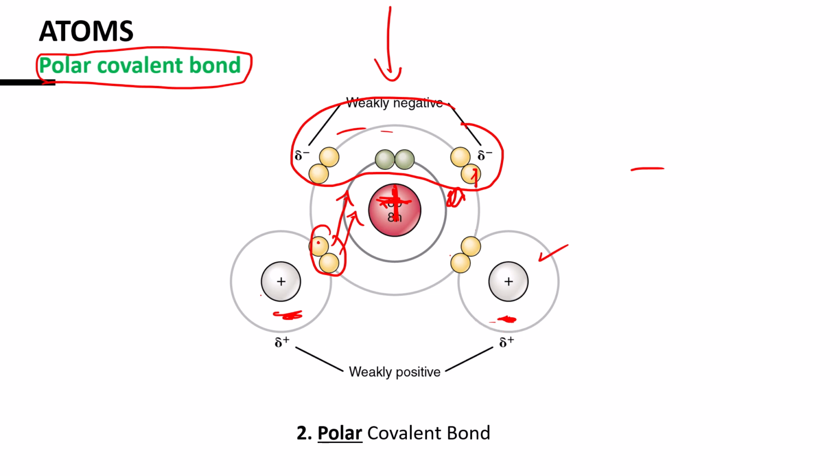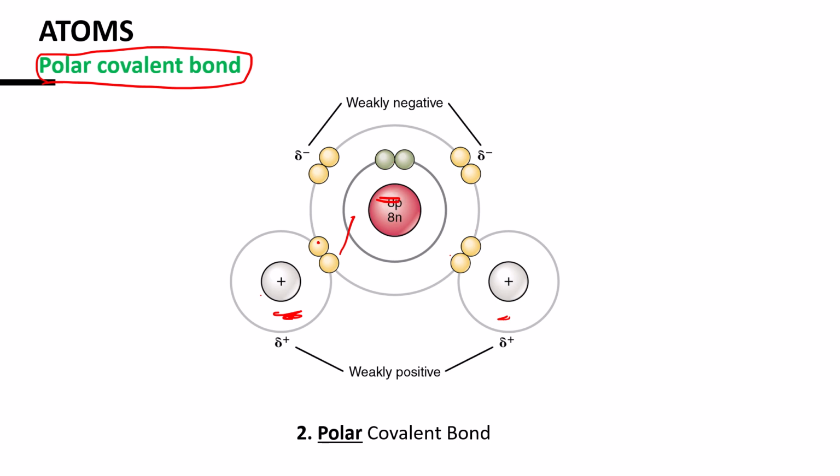So that's what creates a polar molecule, meaning that one side of the compound has a weakly negative side, and the other has a weakly positive side. That's all that means.